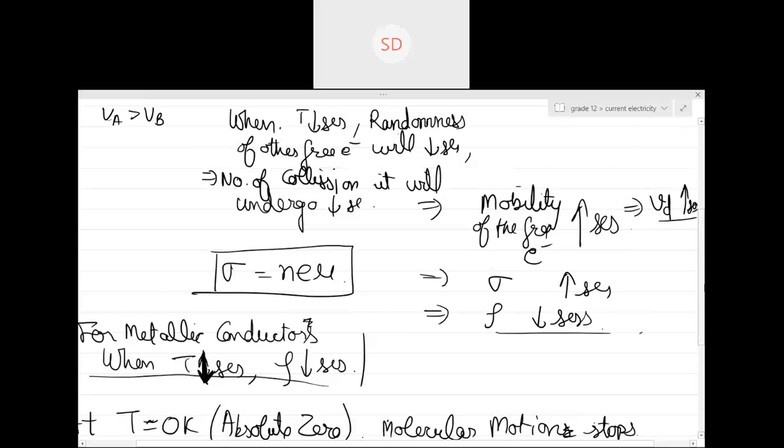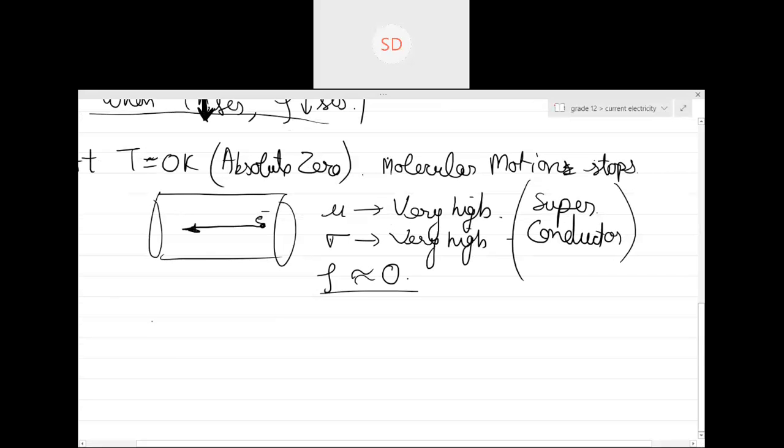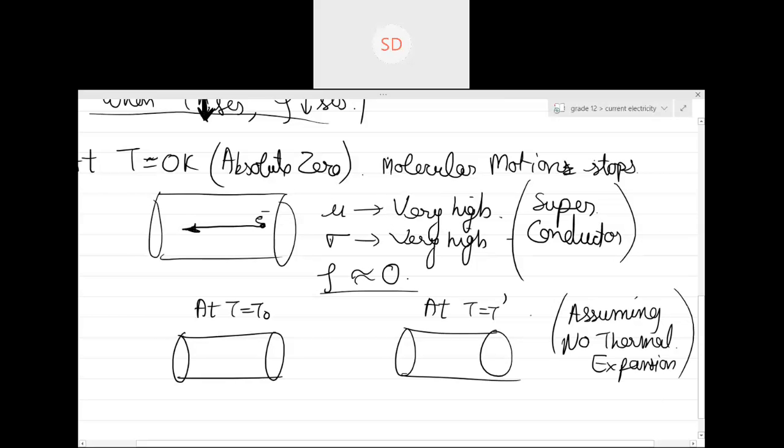Now, how exactly is it related mathematically? Suppose you have a conductor at temperature T equals T naught, and you change the temperature of the conductor to T equals T dash. Assume no thermal expansion. You remember thermal expansion from grade 11, everyone?